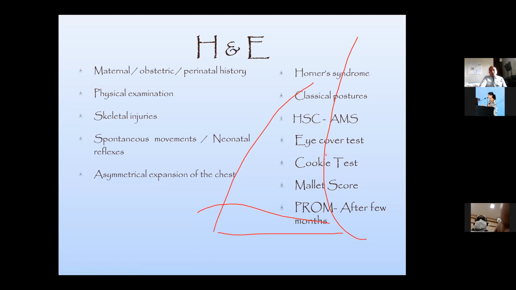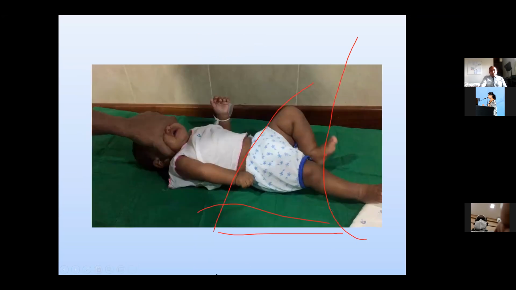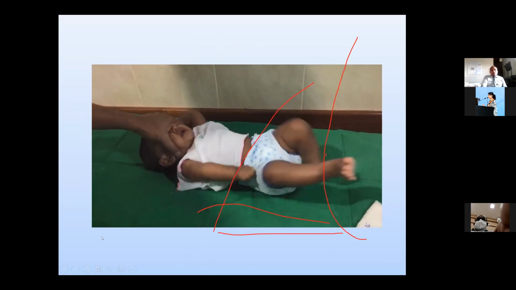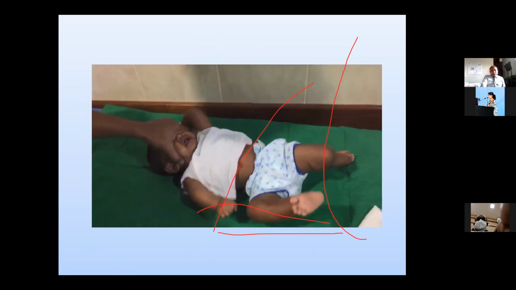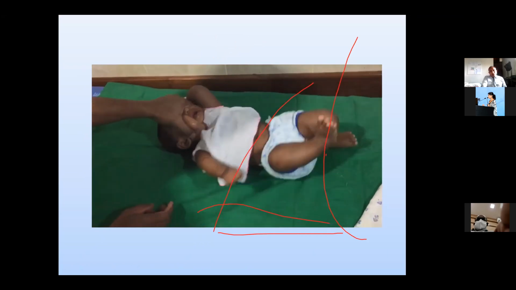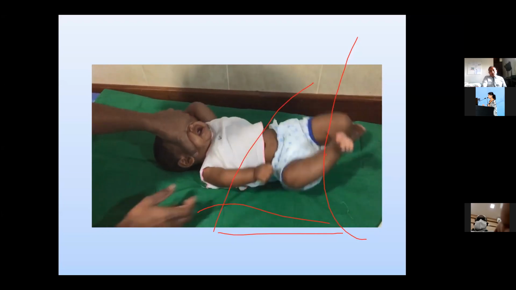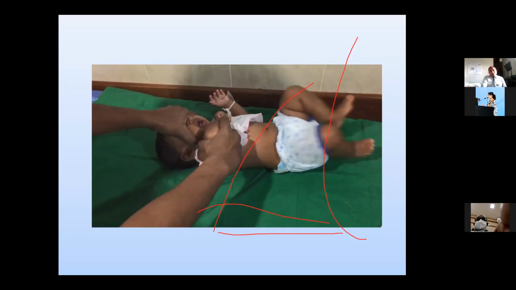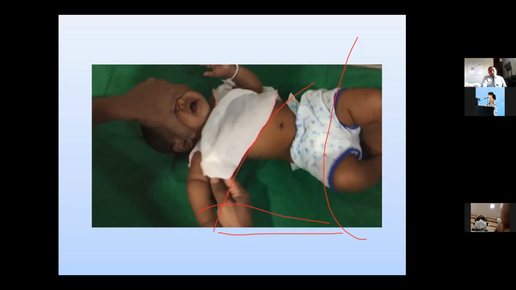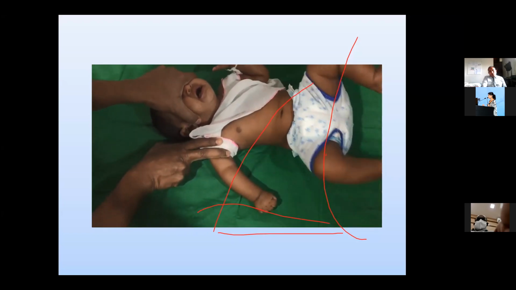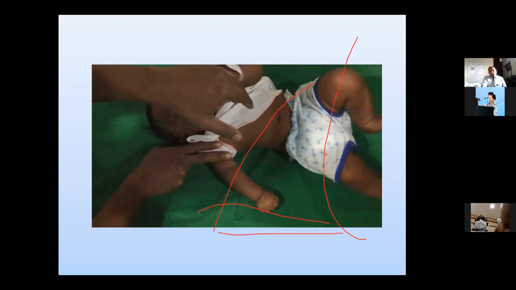So this is the, can you play this? Yes. So this is a terrible test, I guess, right? So you close the eyes and get the infant to move. So you can see it's not moving the shoulder, and there's no flexion at the elbow.